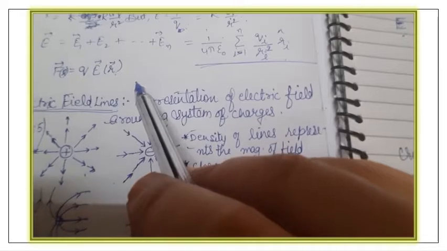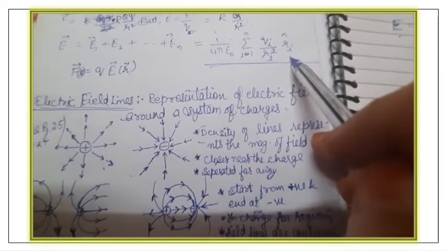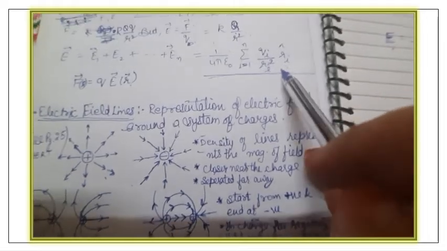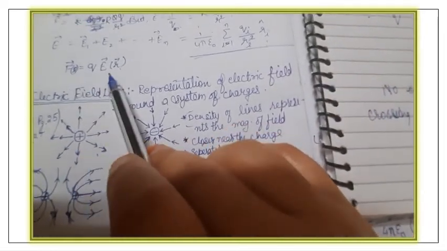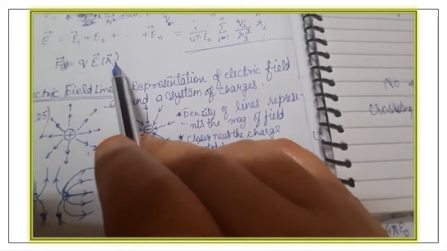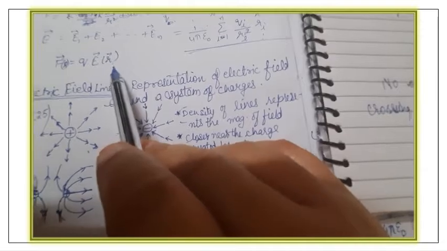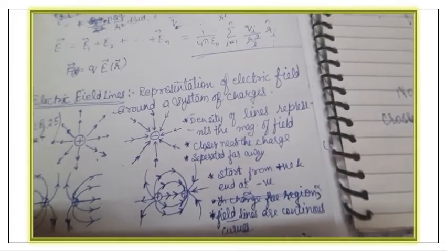Yesterday also I explained to you the importance of unit vector. So here also it is present because electric field is a vector. So in vector form, the relation between force and electric field can be written as F is equal to qE. This is the relation between force and electric field.